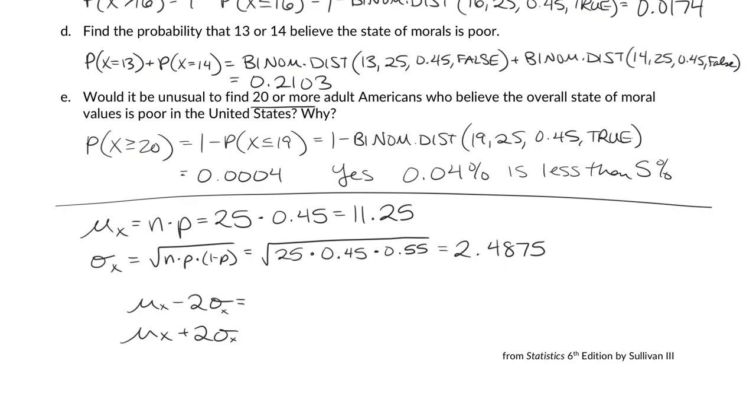So 11.25 minus 2 times 2.4875 and 11.25 plus 2 times 2.4875.